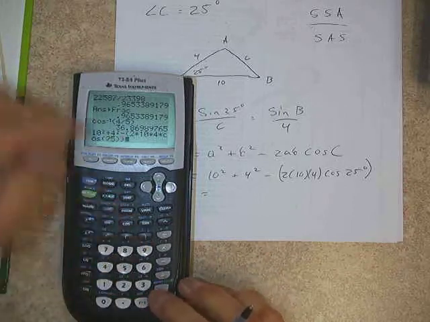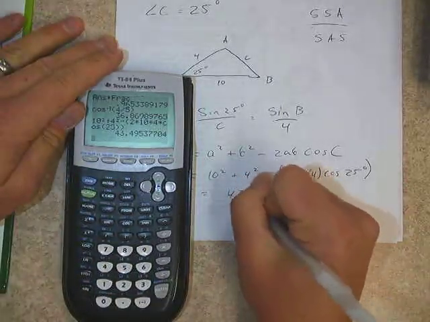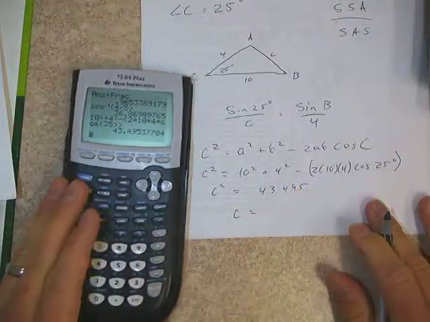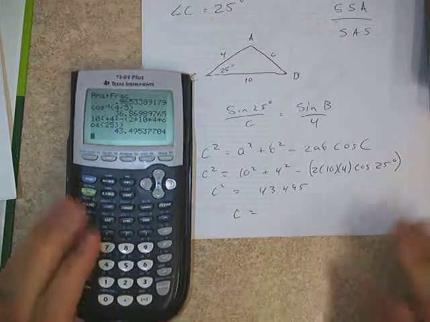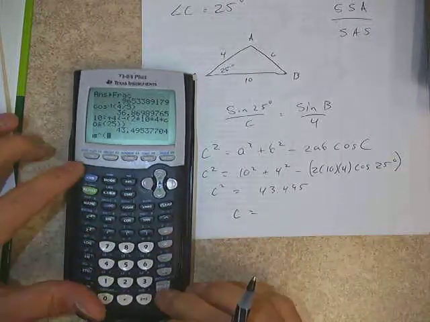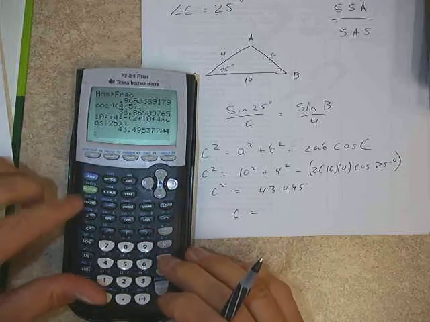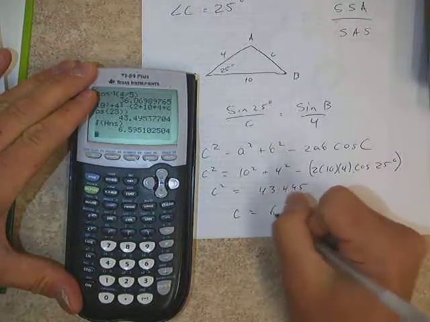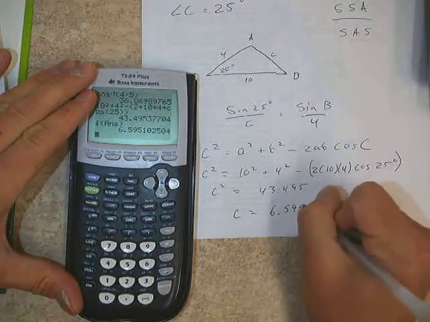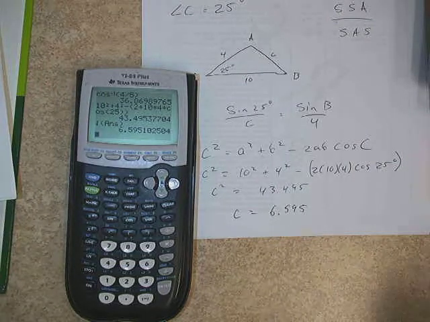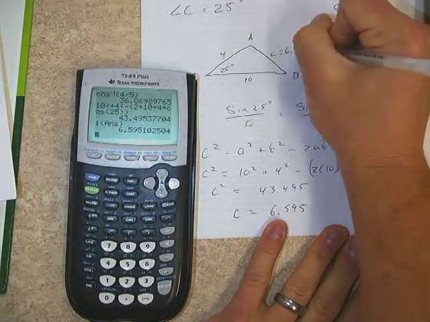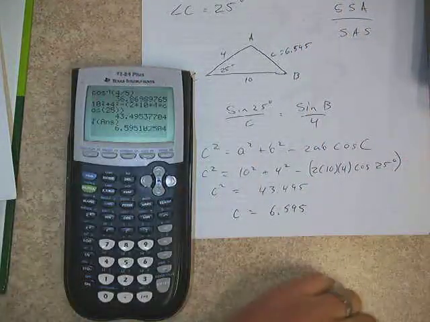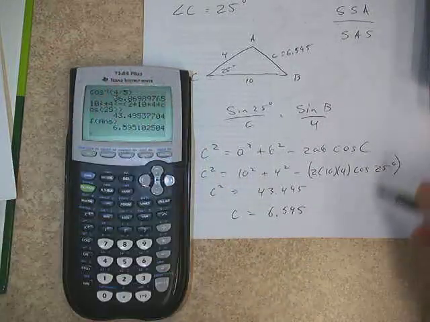So if I go 2 times 10 times 4 times the cosine of 25, I get 43.495, and of course I'm not going to erase that, I'm just going to take the square root of that so I get my C. And when I do that square root, I get 6.595. So to the nearest thousandth, that would be my side length.